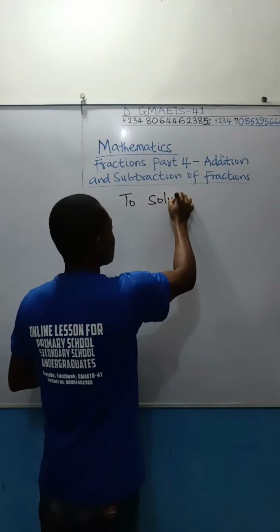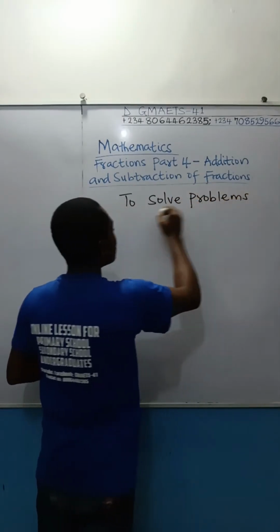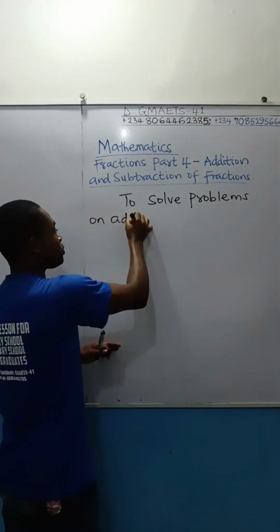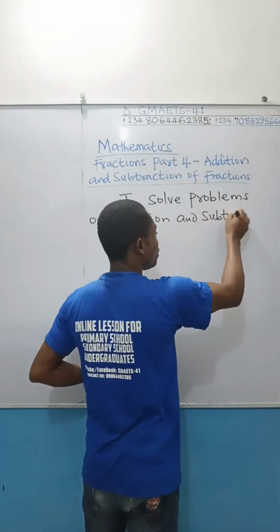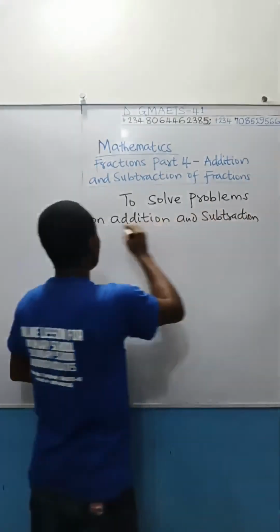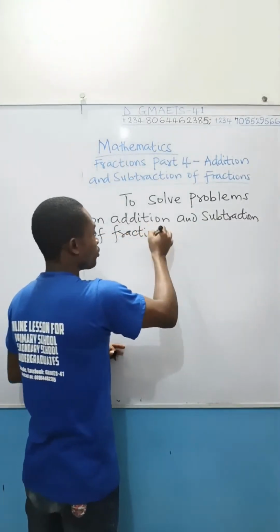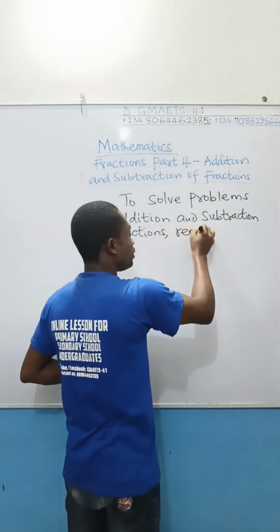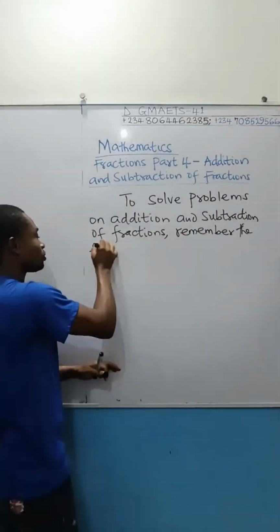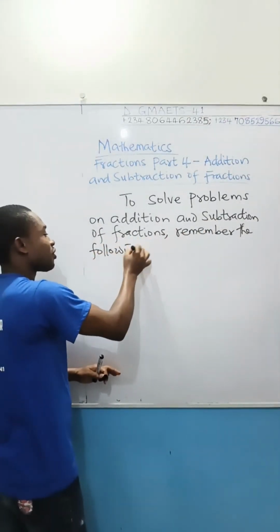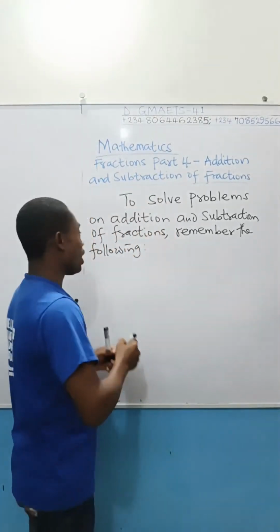To solve problems, that is questions, on addition and subtraction of fractions, remember the following. So these are the secrets. You want to have excellent knowledge of these secrets. Number 1.